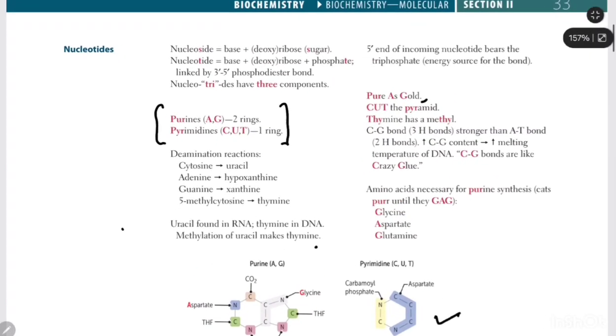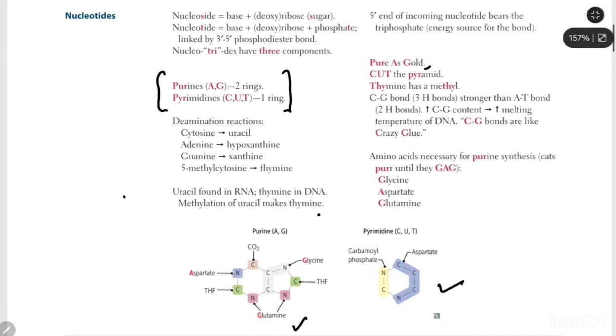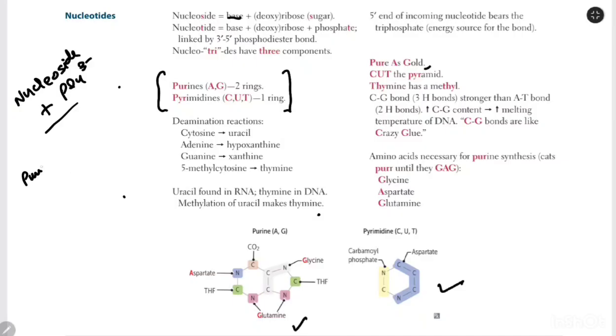We need to remember that nucleotides are composed of nucleosides plus phosphate groups. Nucleosides are equal to a base, either a purine or a pyrimidine, combined with a sugar.